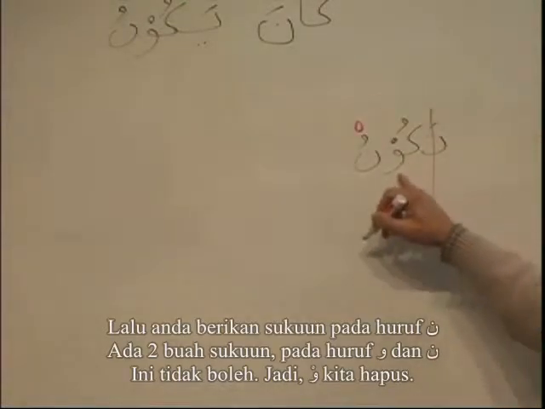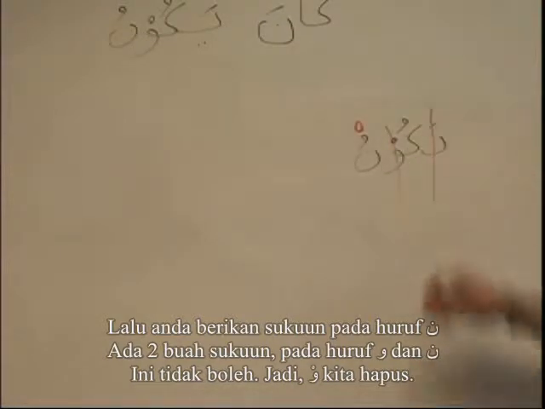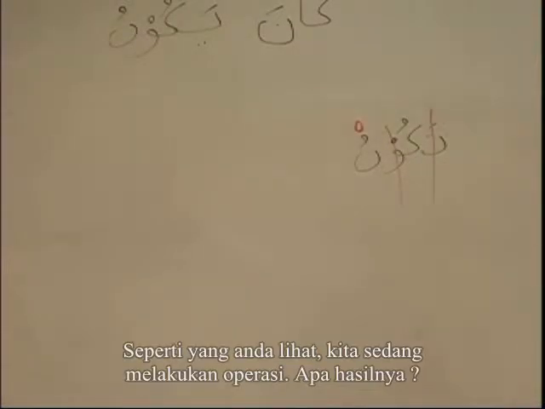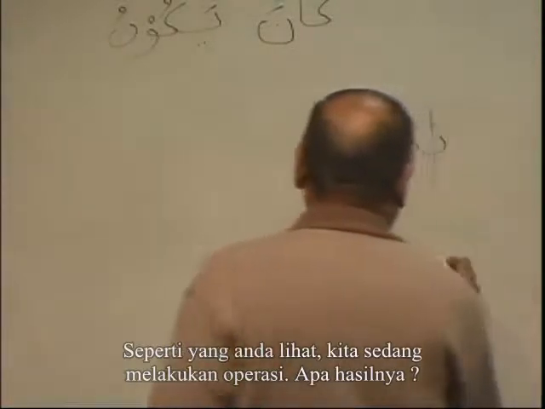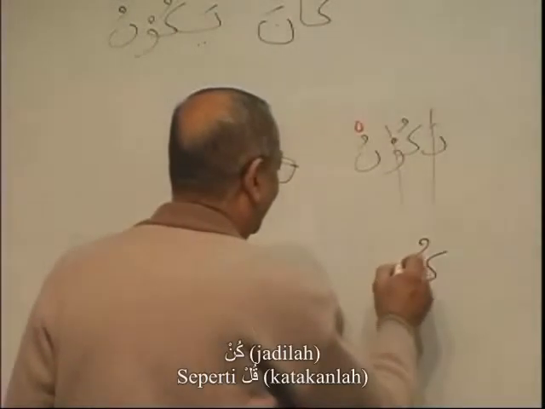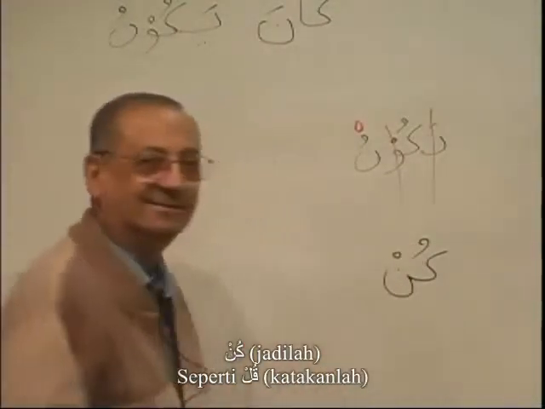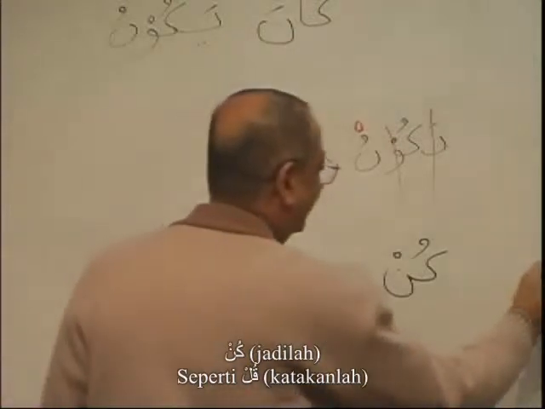We already have a sukoon, so this cannot be. See, we are now doing surgery here. We are doing surgery here, and what is the result? Kun. Just like kul.